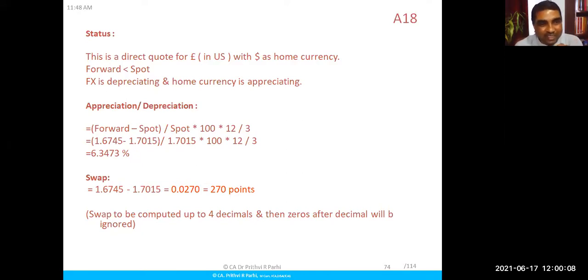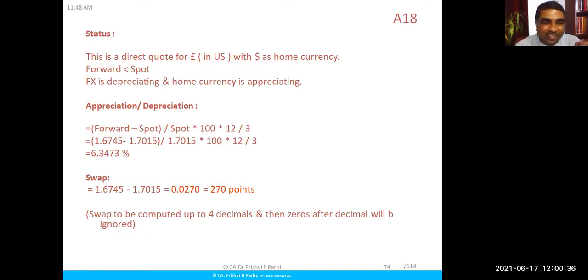And forward is less than the spot, therefore the foreign currency is depreciating, and here the foreign currency is pound. Are you able to understand this? The quote is for pound, but it is a direct quote for a US person. So foreign exchange is depreciating, and home currency is appreciating.